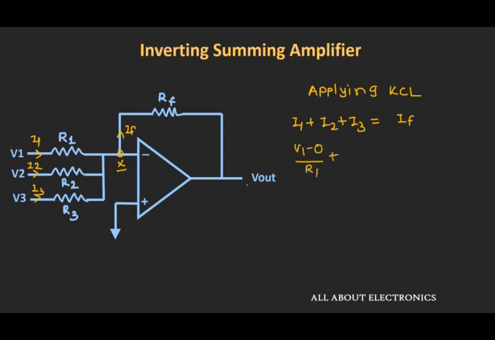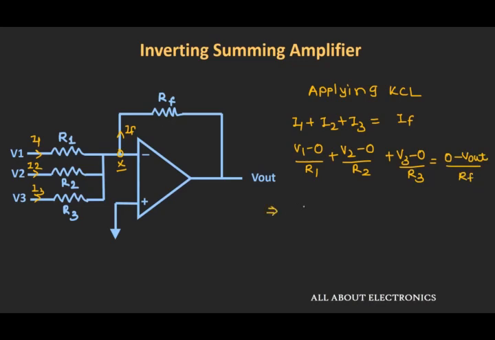Likewise, this current I2 will be equal to V2 minus 0 divided by R2. And likewise, current I3 will be equal to V3 minus 0 divided by R3. Now this current IF will be equal to 0 minus Vout divided by this feedback resistor RF.